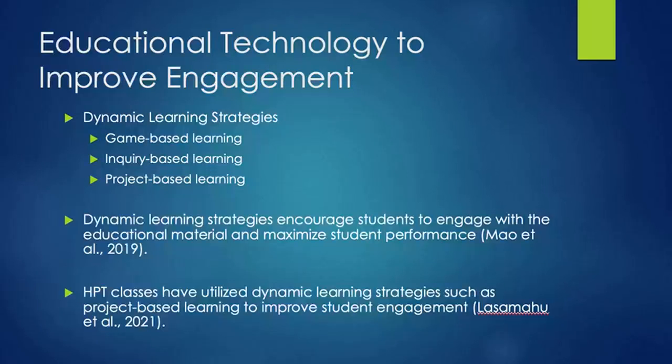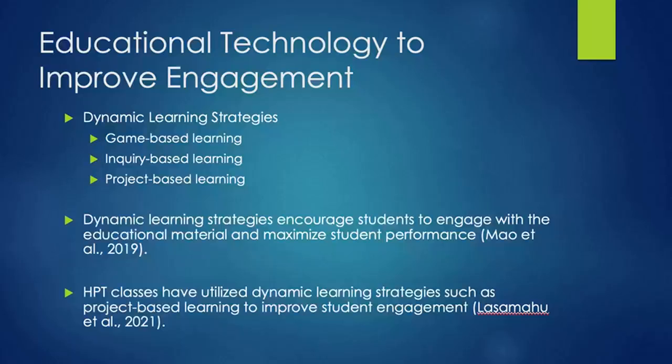So they were able to apply human performance technology to this particular problem and this particular project, but they were also able to see how this project was able to encourage student engagement with the classroom material and improve performance, thereby also demonstrating how human performance technology could measure student engagement through these dynamic learning strategies.